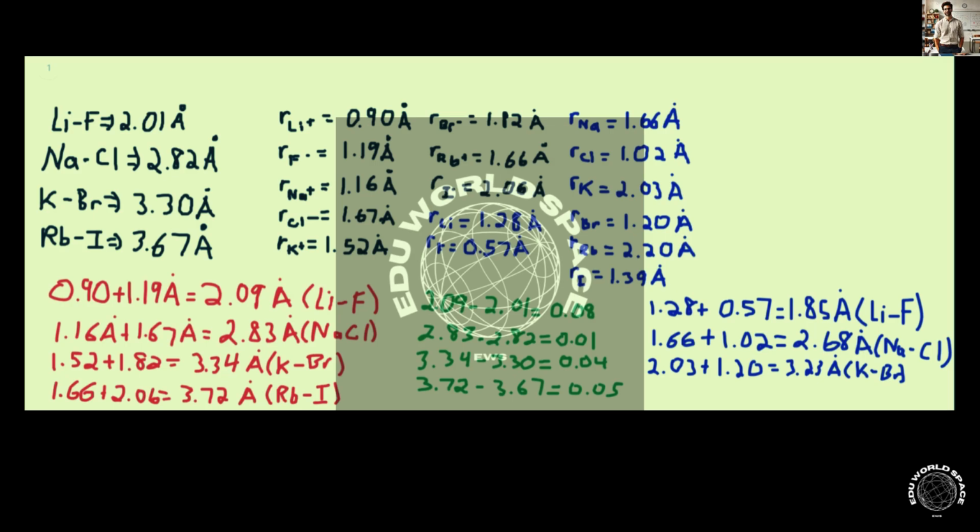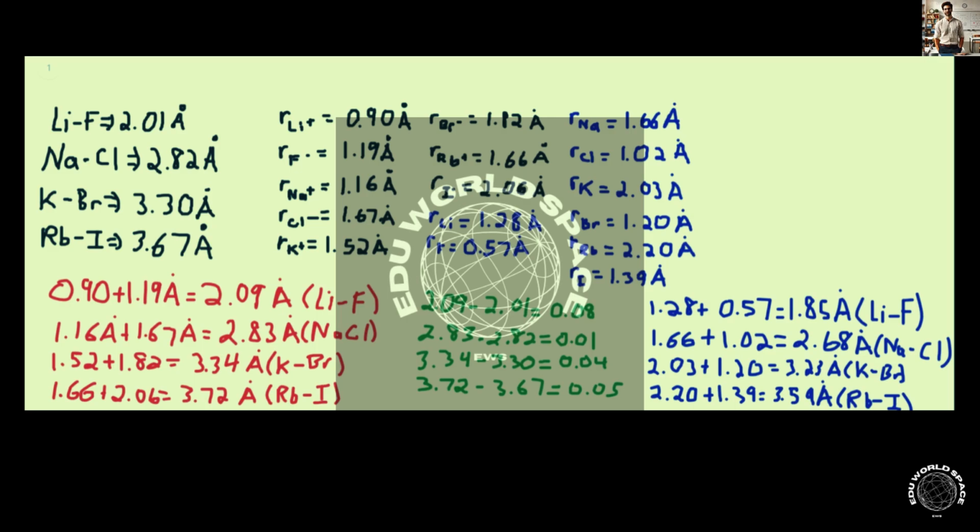Then for rubidium iodide, it's 2.20 plus 1.39, which is going to be equal to 3.59 angstroms. So now these are the estimates of cation-anion distances if we're using neutral atom radii.